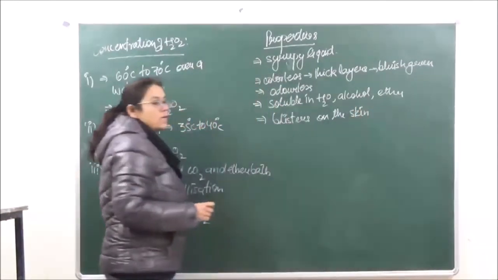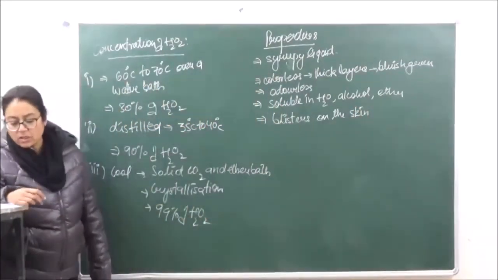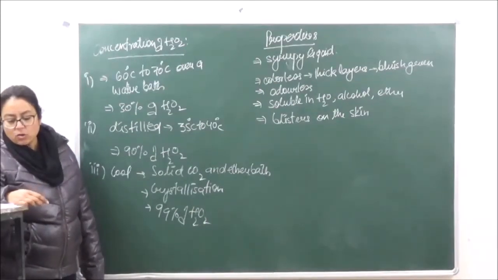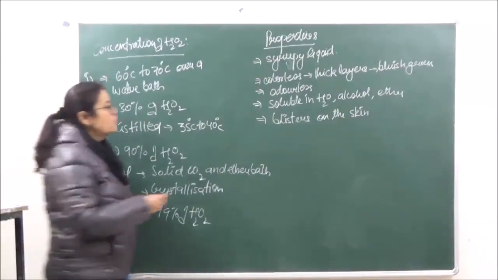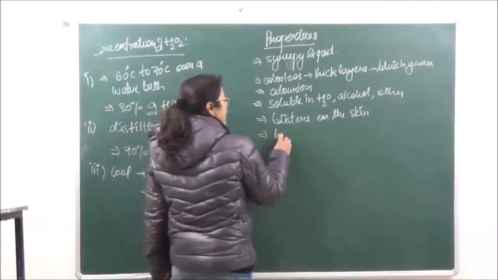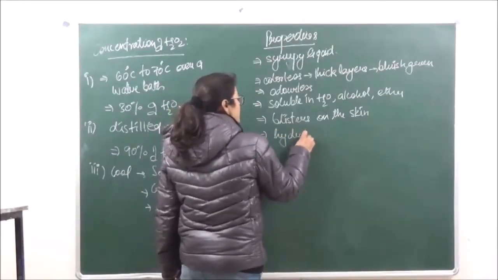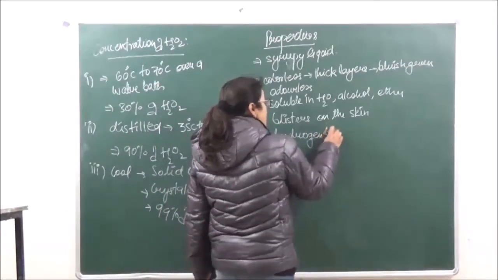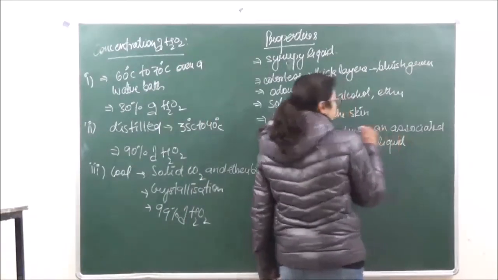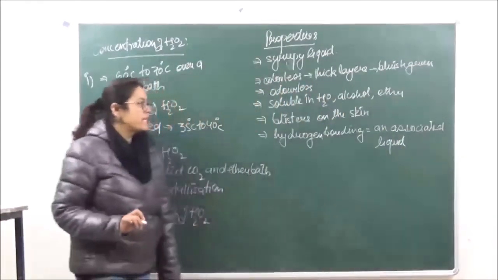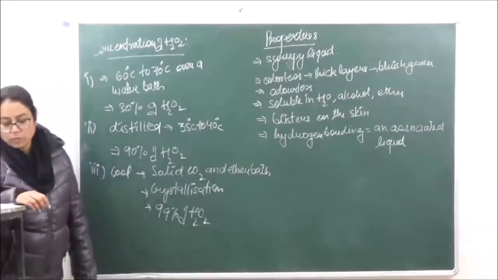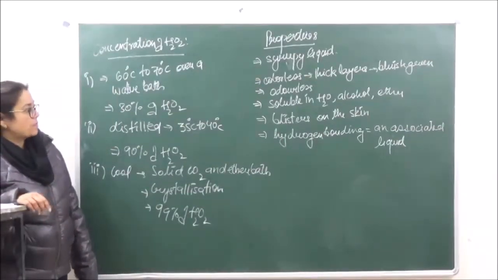Okay? It is going to form blisters on the skin, and it is an associated liquid due to the hydrogen bonding which is present. So it exists as an associated liquid due to hydrogen bonding. So these are some of the physical properties.